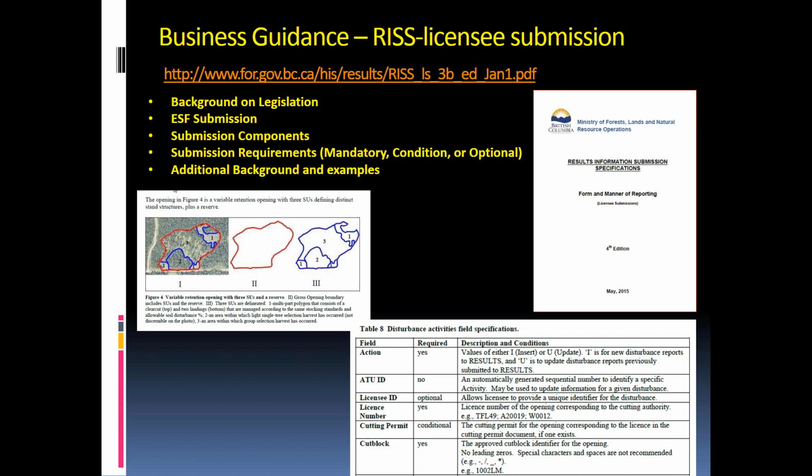So you can have that help with knowing how to structure your submissions. And it tells you in the various components the data elements that are a part of the submission requirements, as well as whether it's a mandatory requirement or not, and when they're optional or conditional. And there's extra information about each of those fields that may help you understand how they all work. So it's really key for you to be familiar with these documents, and I refer to them quite often myself.